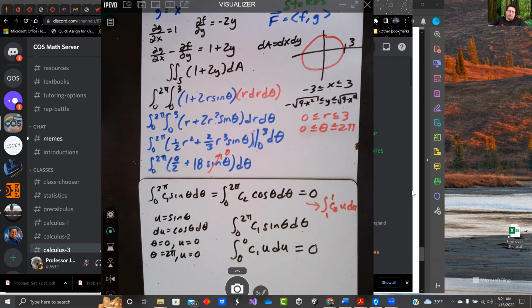If it went from 0 to 4 pi, that would work. If we went from pi over 2 to 5 pi over 2, that would also work. But it has to be complete loops for the limits of integration. You may have learned that in Calc 1, you may not have. It's a handy thing to keep in mind because it can speed up problem solving.